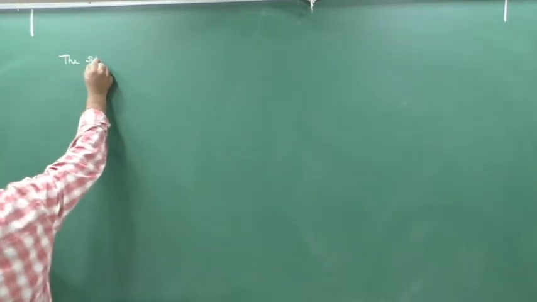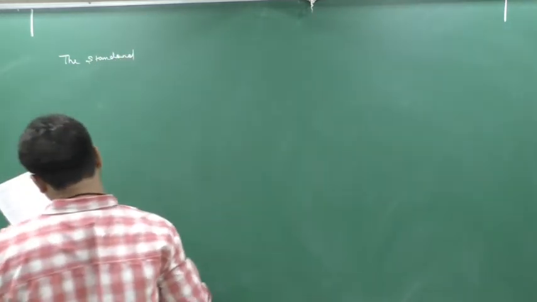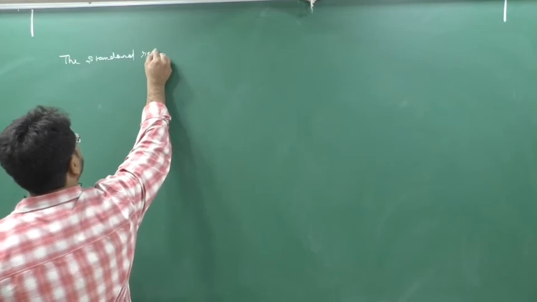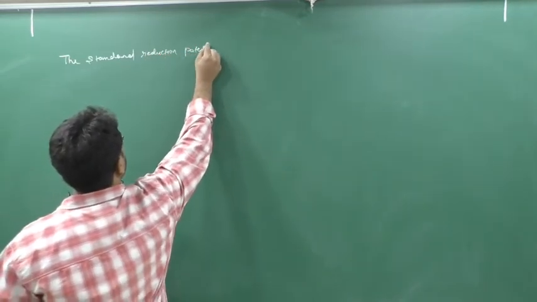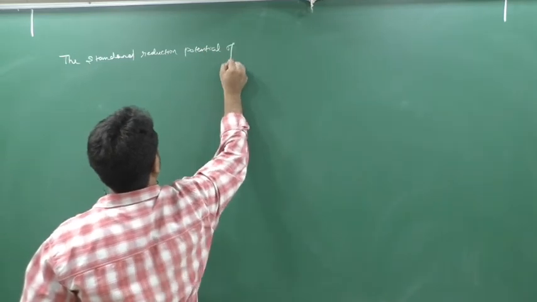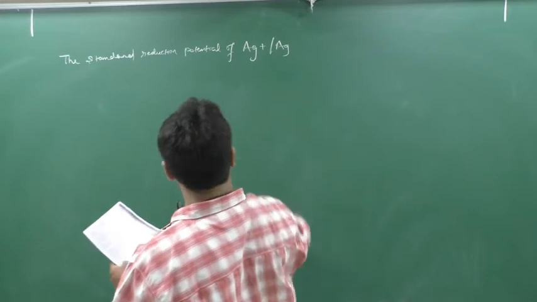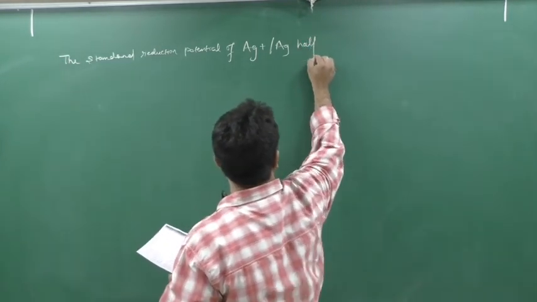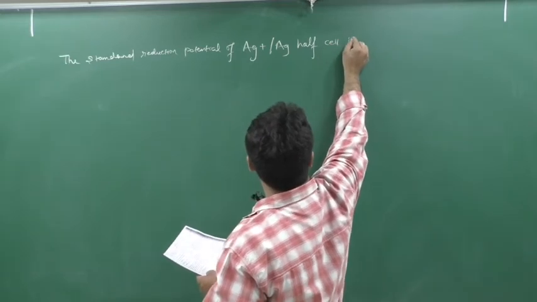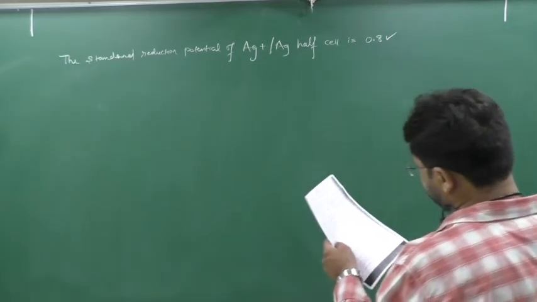The standard reduction potential of the Ag+/Ag half cell is 0.8 volt.